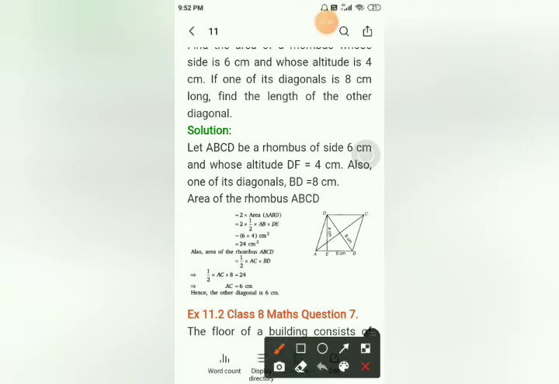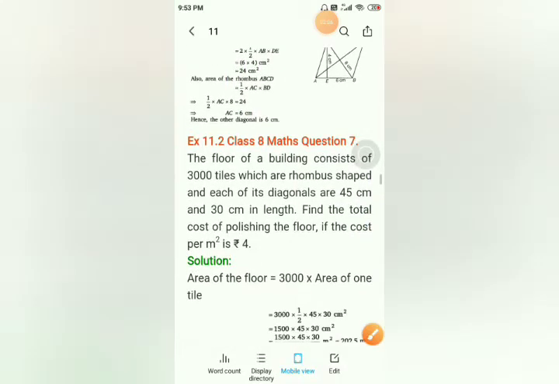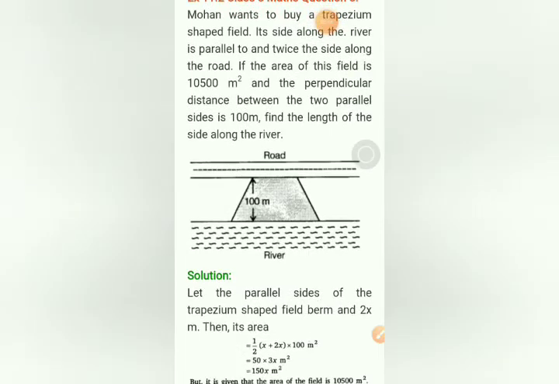That is, area of rhombus equals half into AC, this diagonal, into BD, the other diagonal. This is the formula of the rhombus which you have to remember. In a similar fashion, you can solve other problems as well.